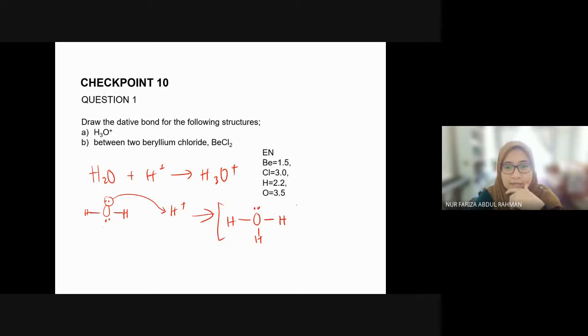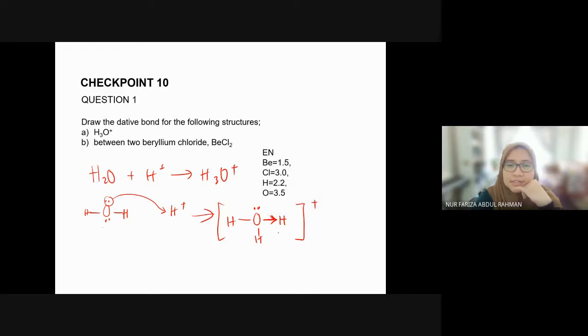So don't forget that it will have charge. Okay, so this is a cation. After all, they accept hydrogen juga kan. So you may represent the dative bond for any of the hydrogen available. So katalah saya pilih yang ni. So from oxygen to hydrogen.